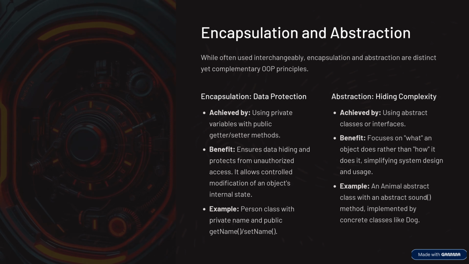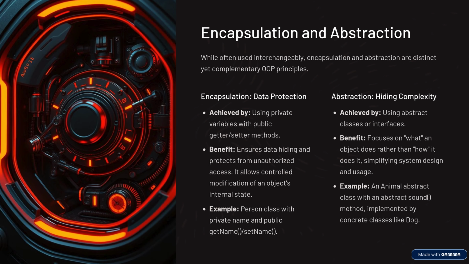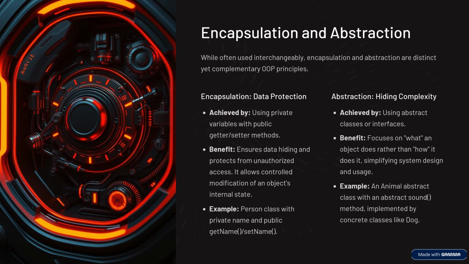Encapsulation and abstraction. While often used interchangeably, encapsulation and abstraction are distinct yet complementary OOP principles. Encapsulation: data protection. Abstraction: hiding complexity. Encapsulation is achieved by using private variables with public getter and setter methods. Abstraction is achieved by using abstract classes or interfaces.